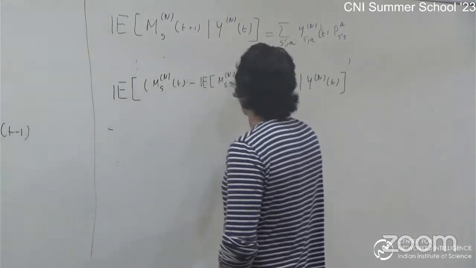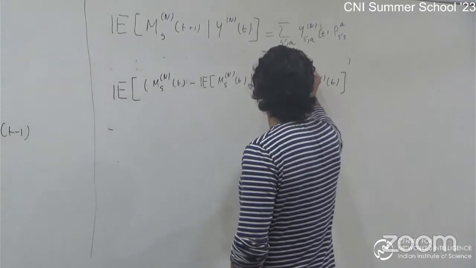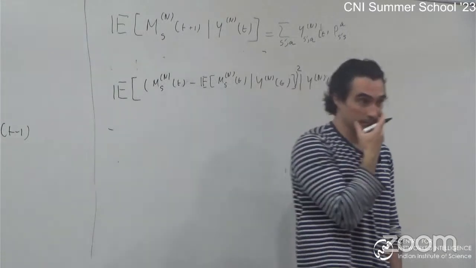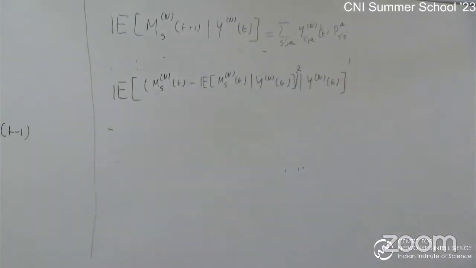So basically, I'm trying to look at the variance, in some sense, a moment of order 2.